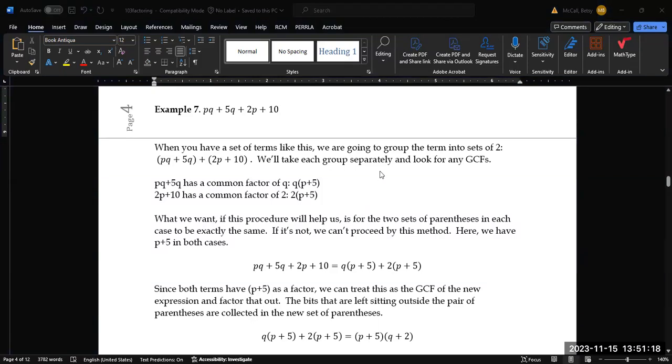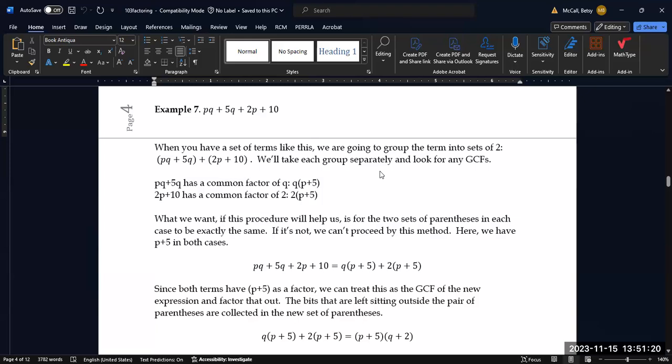In this case, you may have to rearrange the terms sometimes, but you're going to try to put these together in groups of 2 where you can find some common factors among the pairs of terms. So here, this is already ordered in a way that allows us to do that. If I take the pq plus 5q, which is the first 2 terms, both of them have a q.